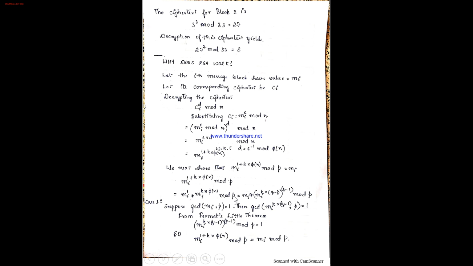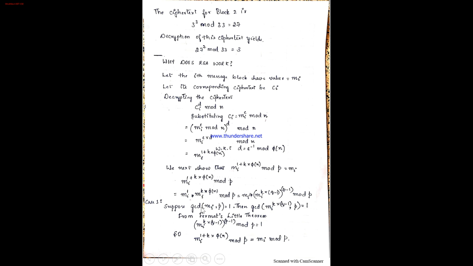Okay, we have done a couple of problems. If you cross check with your notes, we have done many problems which easily prove that if these two GCDs are equal to 1, then these two GCDs will also be equal to 1. So in that case I can simply write, see here again, mi raised to k into phi of n, which I've substituted as q minus 1 into p minus 1, mod p is equal to 1.